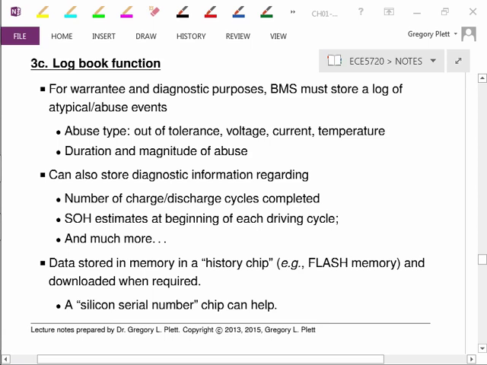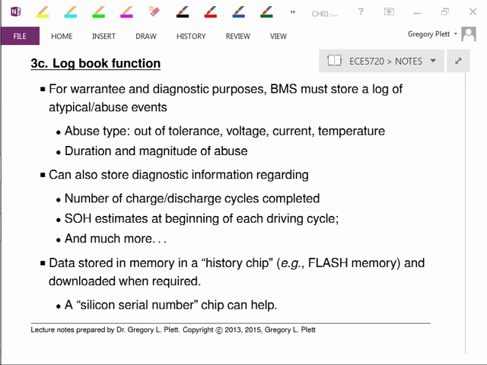For warranty, an example would be if I told the vehicle controller you are allowed to use 10 kilowatts, and for whatever reason the vehicle controller drew 30 kilowatts. Well, the vehicle controller is at fault, not the battery management system, if that causes damage. And I want to put that in the log so that we can then figure out who pays the warranty claims when the battery fails.